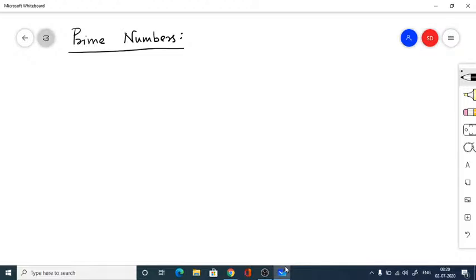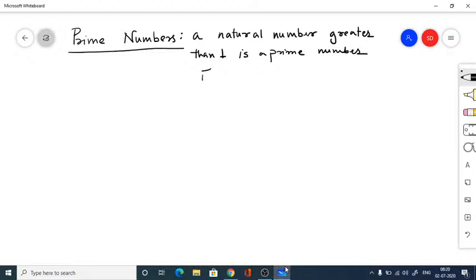A natural number which is greater than 1 is a prime number if its factors are 1 and the number itself, if it has only two factors.